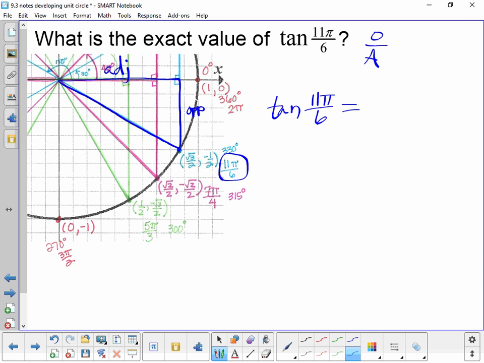The opposite side of this triangle from the perspective of our reference angle here would be this side, and it happens to be negative 1/2. And we're going to divide by the adjacent side of our triangle. That's right here. And it happens to be that we went over root 3 over 2.